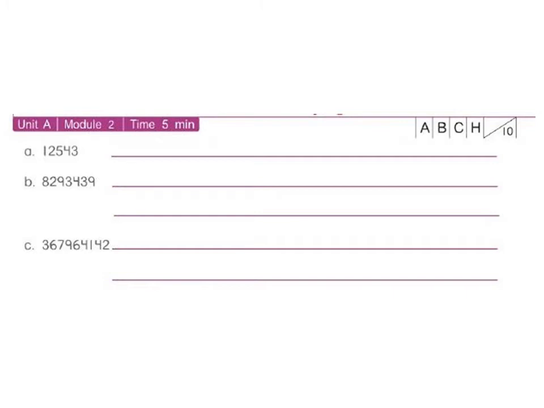Try to solve this. Pause the video if required, because in the next slide I am going to show you the answers. So if you want to practice, just pause the video and try the answers yourself. I am going to show you the answers now.